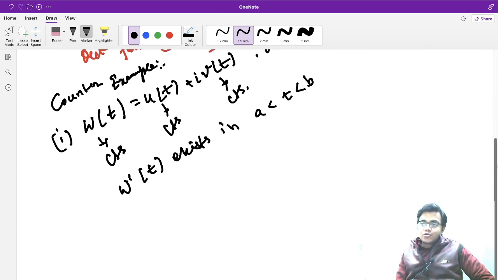Then according to Lagrange's theorem, there must exist a c between a and b such that w dash c is equal to w of b minus w of a upon b minus a, isn't it?